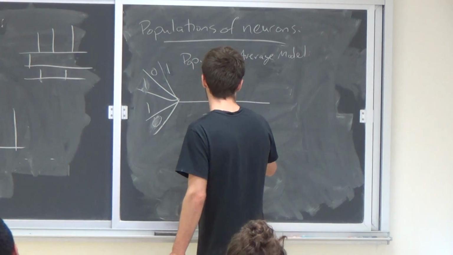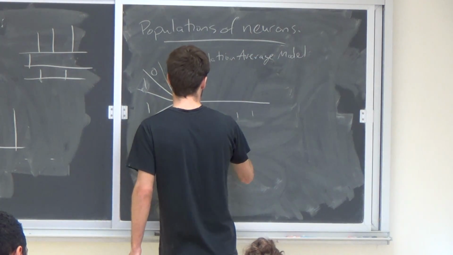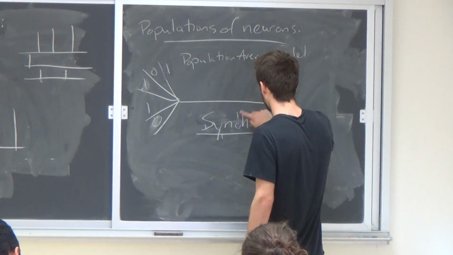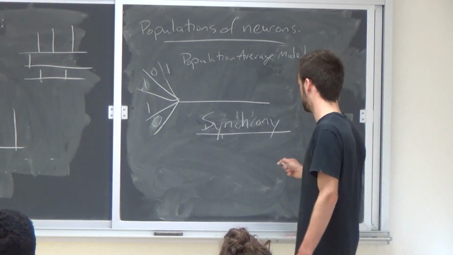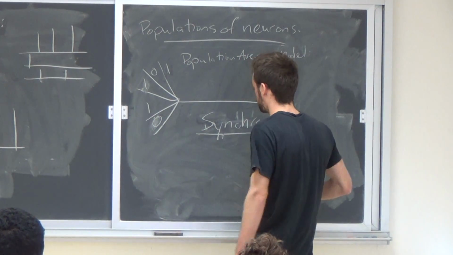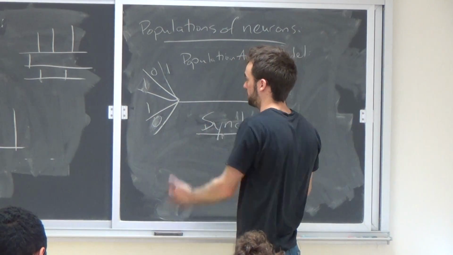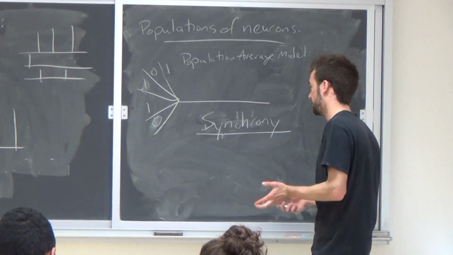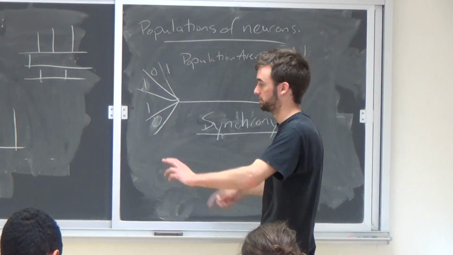So the second model is population synchrony. So you can imagine that one way to more robustly, reliably code your information is to orchestrate the whole population firing at the same time.